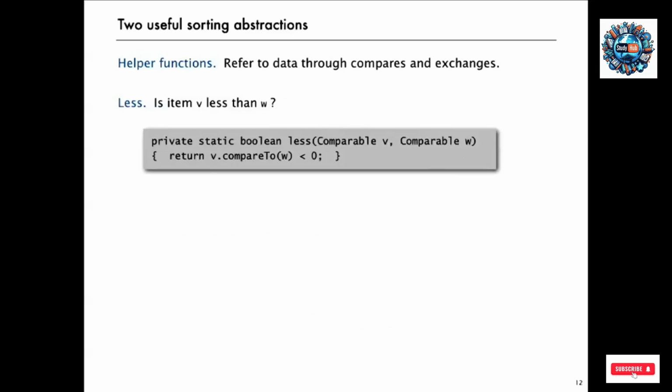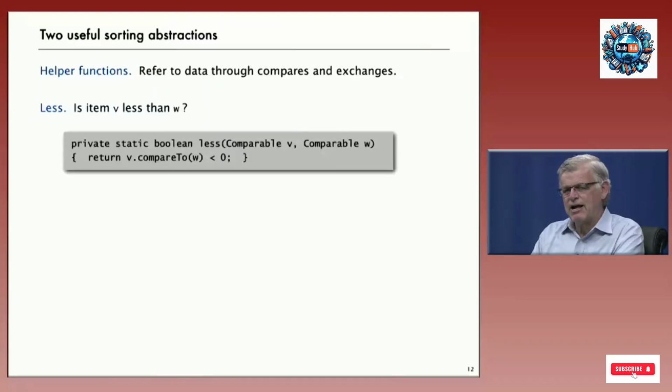So the Java language helps us with this comparable mechanism so that we can sort data of any type. But when we come to implement sorting algorithms, we're actually even going to hide that beneath our own implementations so that the actual code of our sorting algorithms can be used to implement sorting in many other languages.